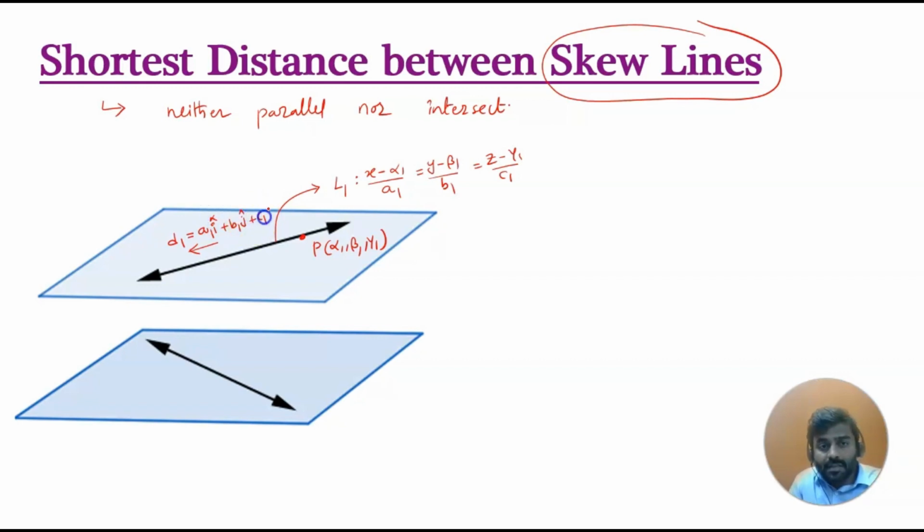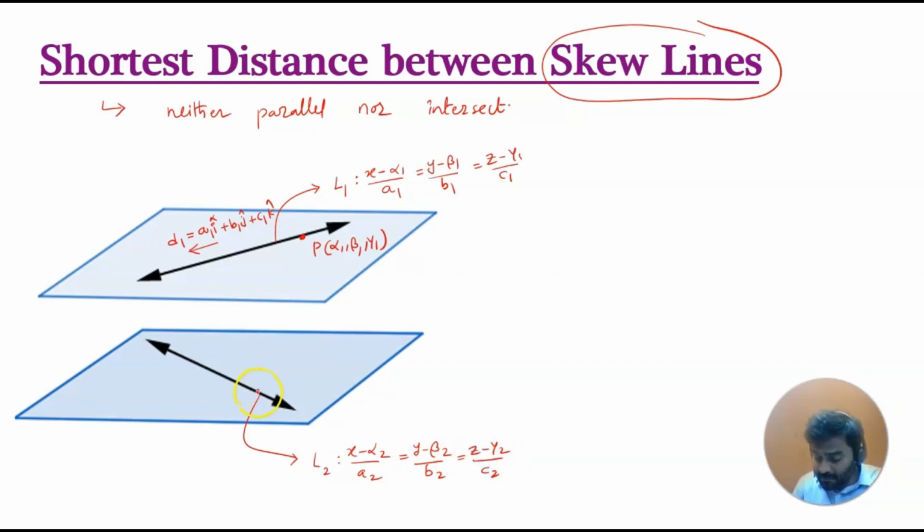In the same way you can consider line 2 in Cartesian form (x minus alpha 2) by a2, (y minus beta 2) by b2, (z minus gamma 2) by c2.